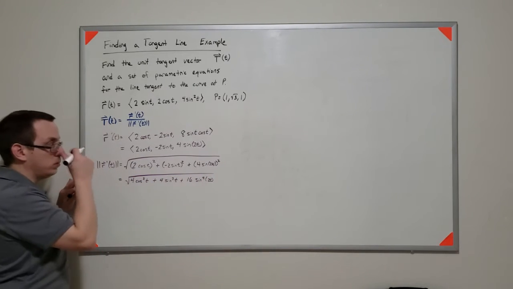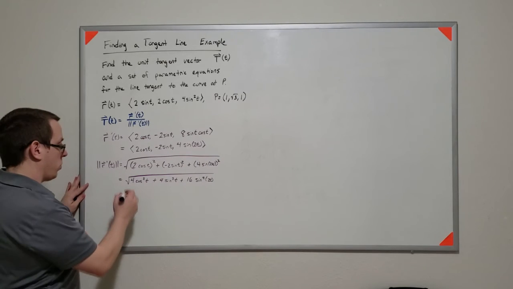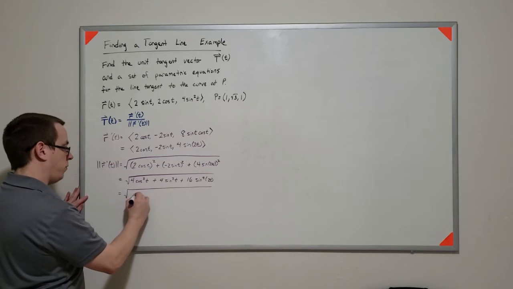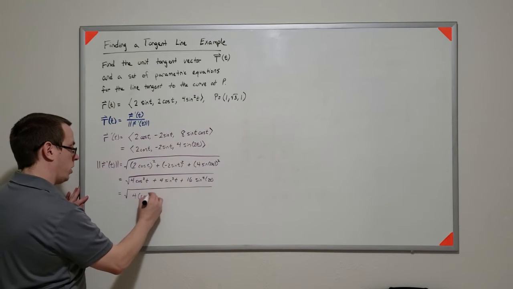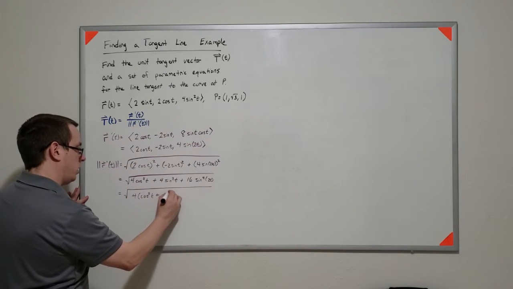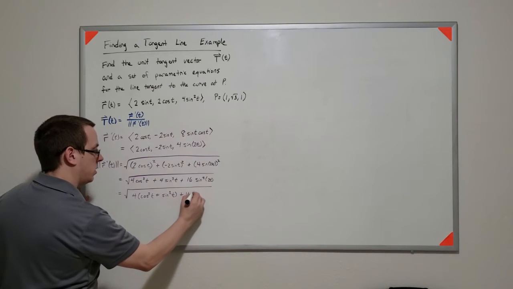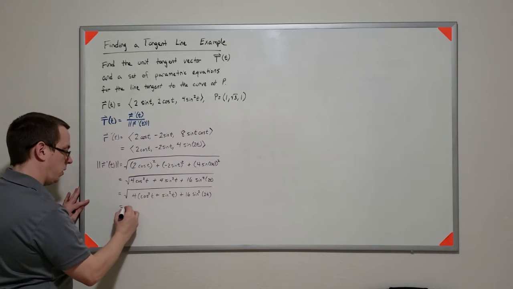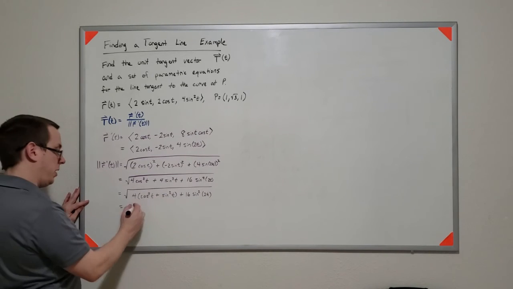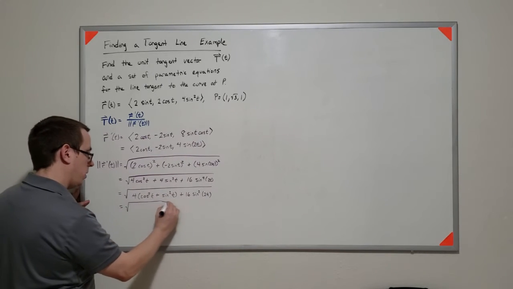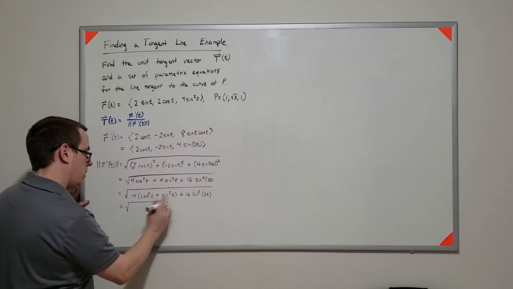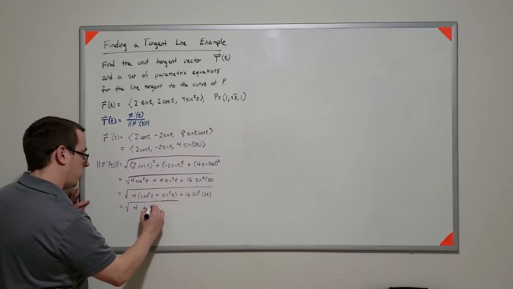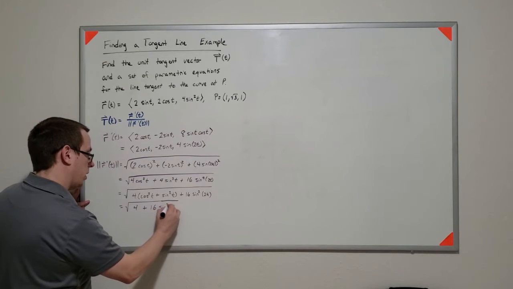And that's all under one square root. That is 4 times cosine squared t plus sine squared t, plus 16 sine squared 2t, which, remember that identity, is just 1. Giving us 4 plus 16 sine squared 2t.